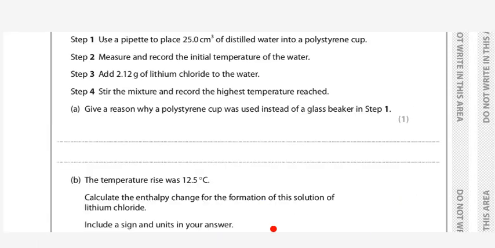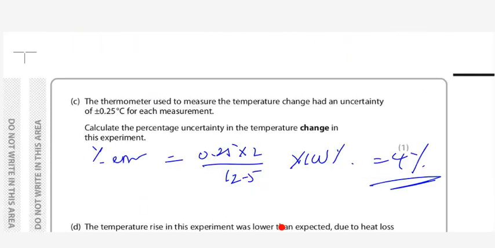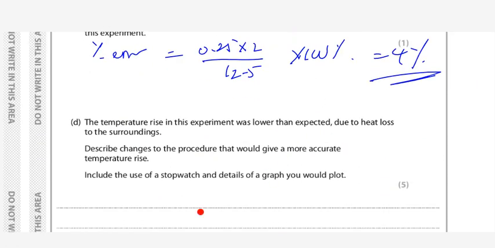So what you do is record the initial temperature, and then every few seconds record the temperature. You add the lithium chloride after recording the initial temperature for the first few seconds. If you remember the experimental technique from the practicals for the AS, we record the initial temperature, and at a specified time, maybe at 2.5 minutes or 3 minutes, you add the solid.